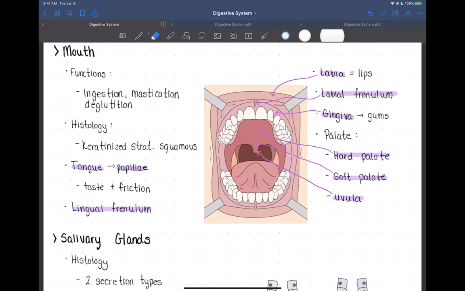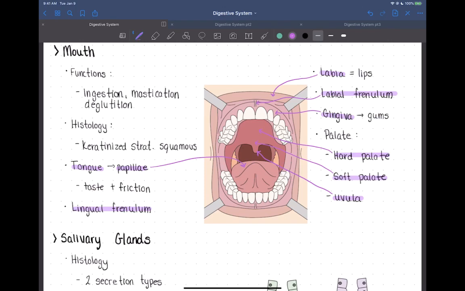And then on the inferior part of the mouth, we have the tongue. The tongue is made up of a bunch of skeletal muscles, and it is covered in papillae, a bunch of little bumps.